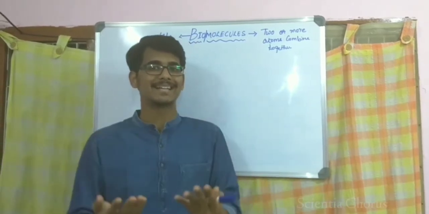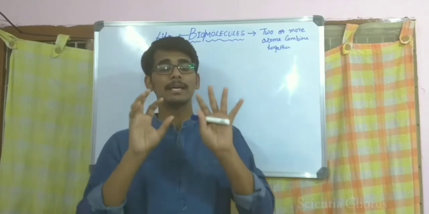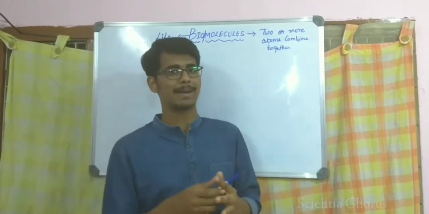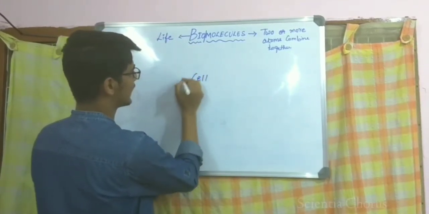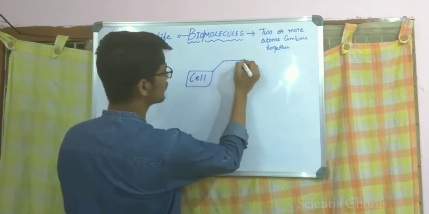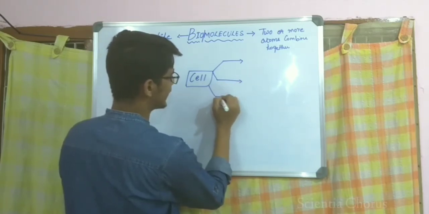Now, let us understand these biomolecules by taking the percentage of biomolecules present in a cell, either an animal cell or a plant cell. So let us take a cell and see the percentage of the various biomolecules present in it.